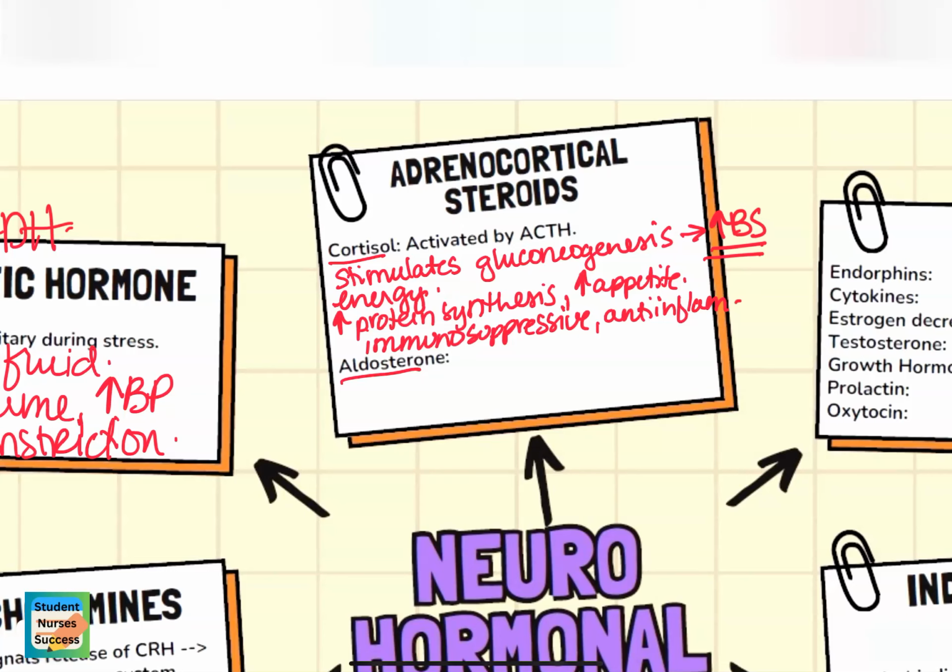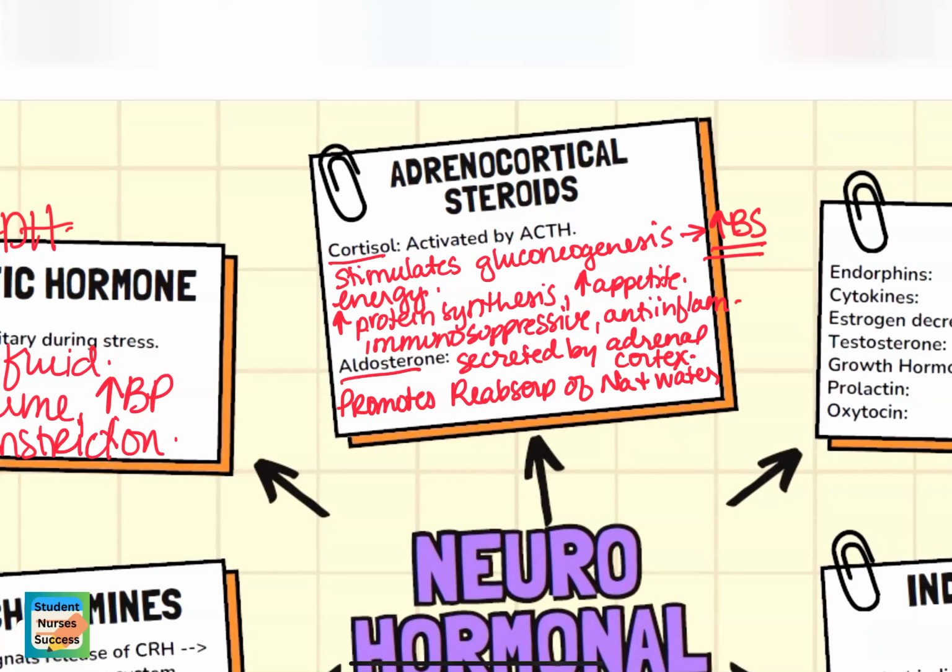Now, aldosterone is secreted by the adrenal cortex too. And what aldosterone does is it promotes the reabsorption of sodium, which also makes water come along.